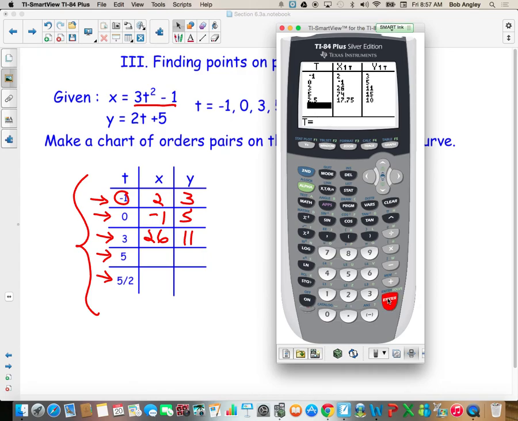I think you can see that's nice and quick, right? Now, questions about the table setup? You go second format, and you change the independent variable to ask.